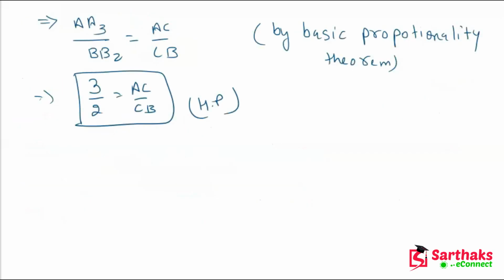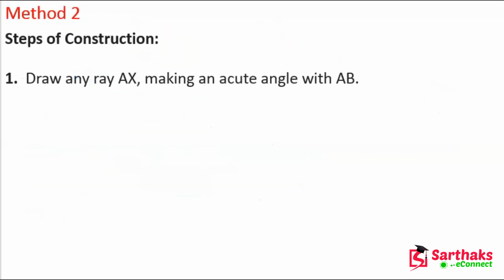Okay, so now let's move to the next method, method number 2. Same thing we have to do, but with a different method. The steps of construction are: draw any ray AX making an acute angle with AB. Again, we have a line segment AB.